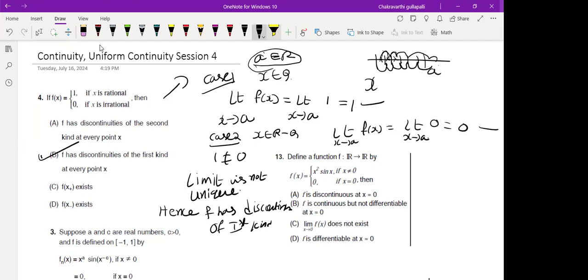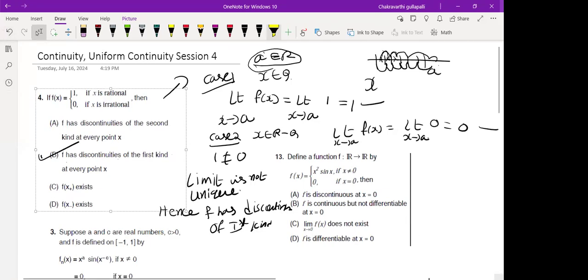For what values of A it is discontinuous? For all A it is discontinuous. Therefore, we say that f has discontinuity of the first kind at every point. Only one option is correct, so this is the right option. So this is how we can work out questions.